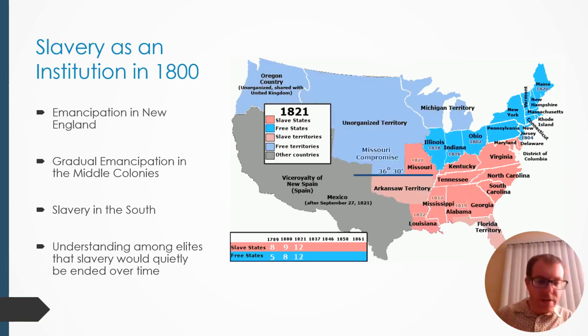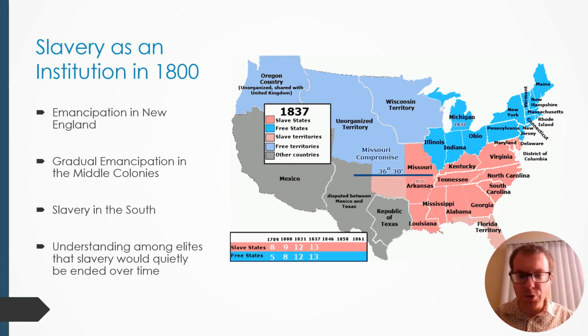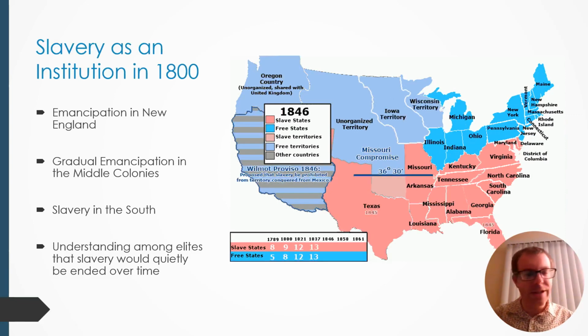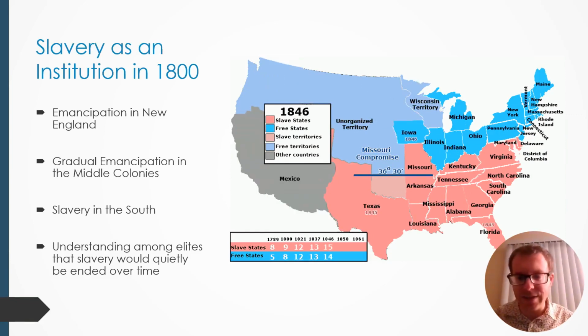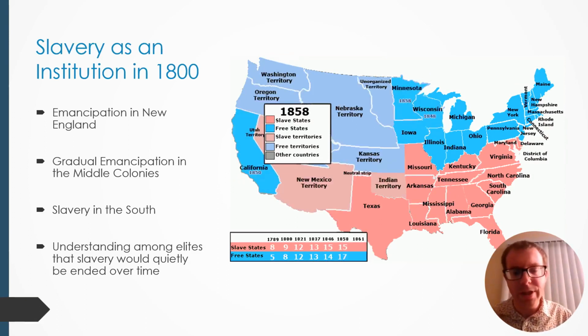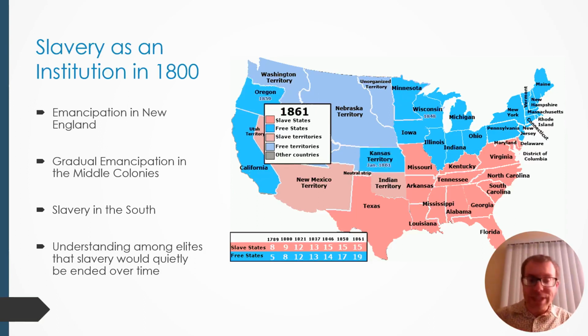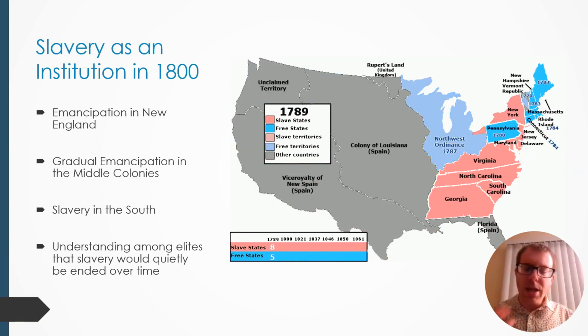But nonetheless, these states are much more like New England in that by 1830, 1840, these are not states where slavery really exists for the most part, just in small pockets and corners. So for the most part, societies are free societies in the North.